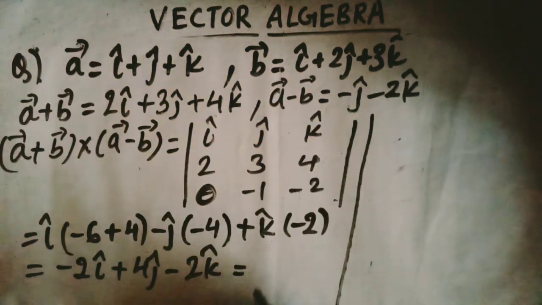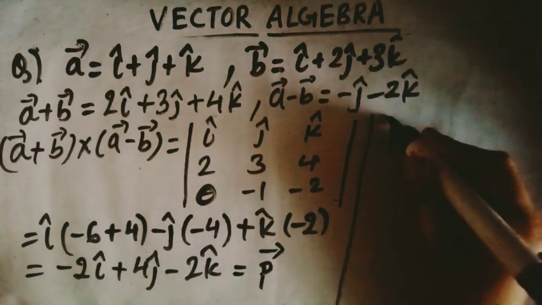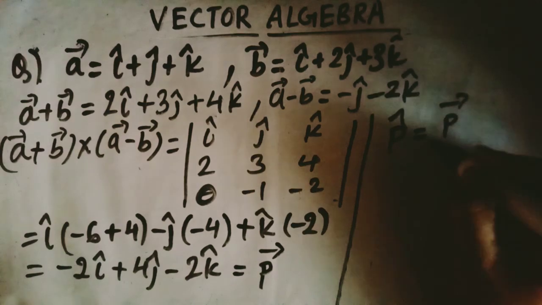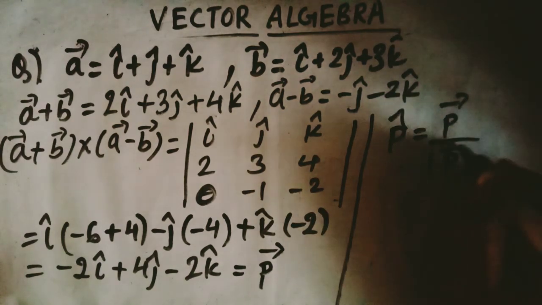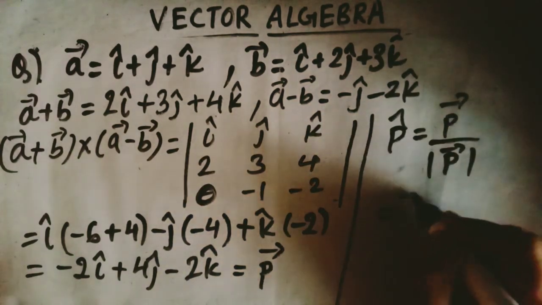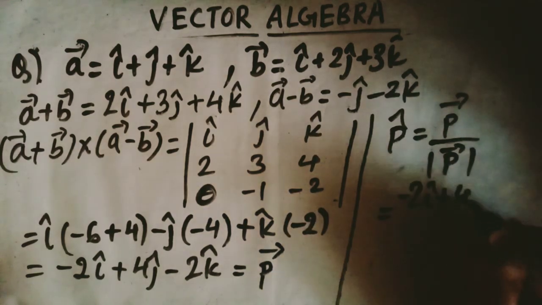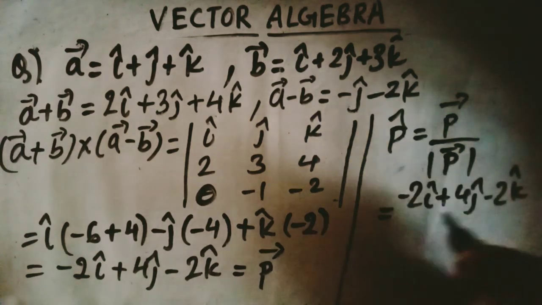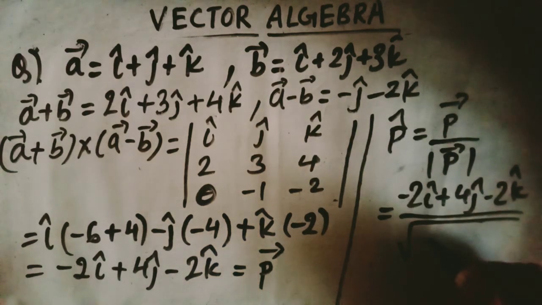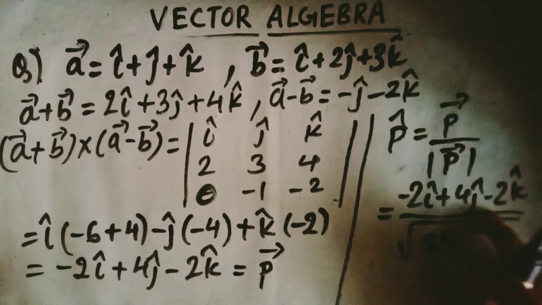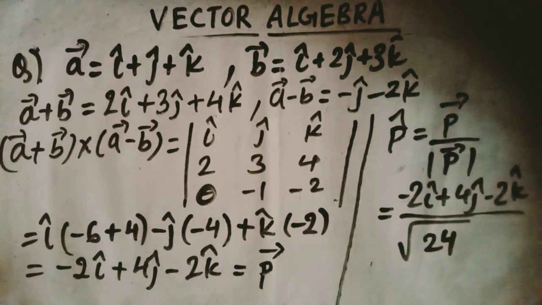Suppose this is your vector P. So P cap is P vector upon mod of P. So minus 2i plus 4j minus 2k upon root of 4 plus 16 plus 4, that is 24. Okay, so root 24. So your required vector is this.